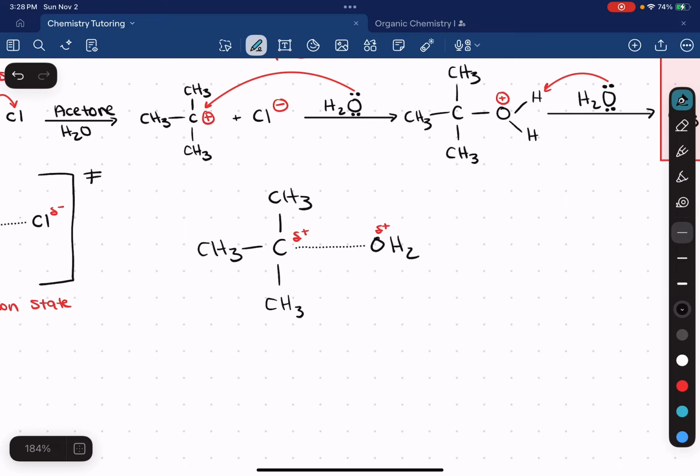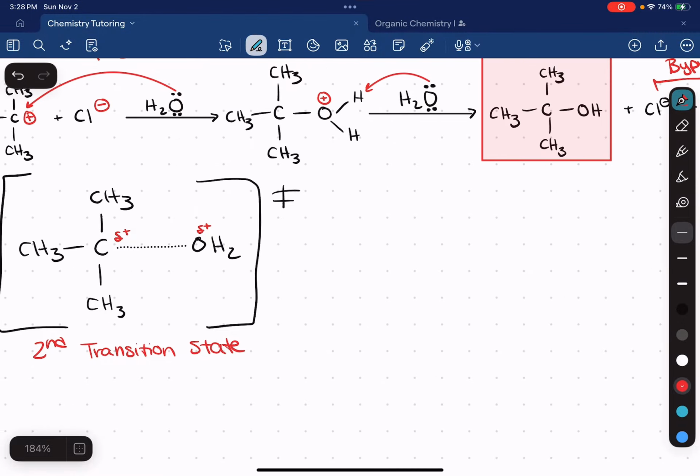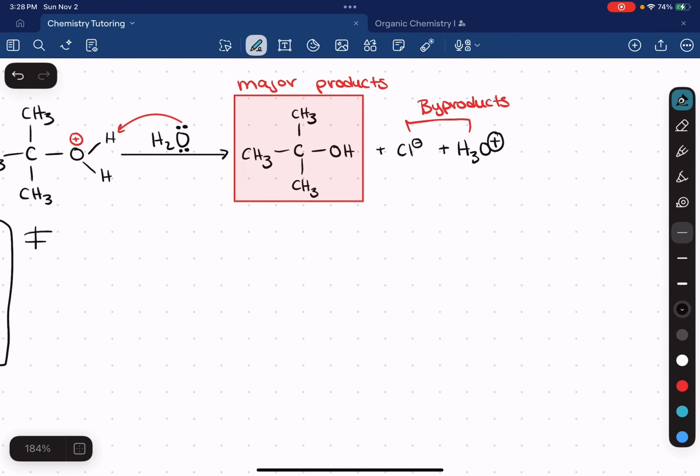And again, we're going to go ahead and block it off with our brackets. Brackets, and then we'll mark it like that. And this is our second transition state. All right, so finally, we're going to represent our last thing, right?